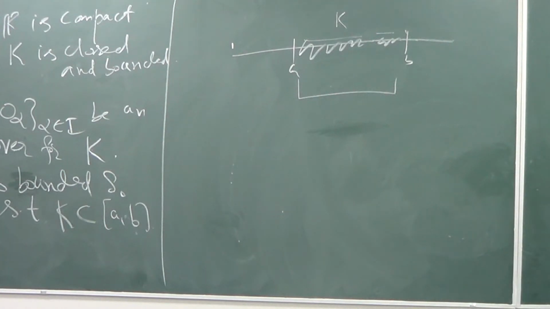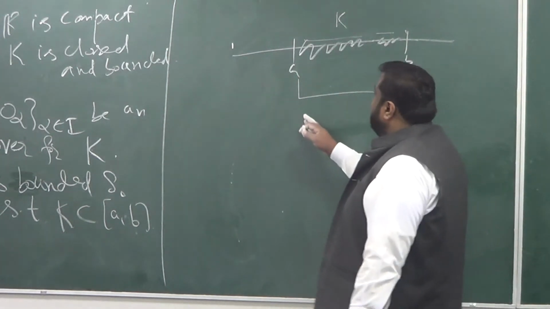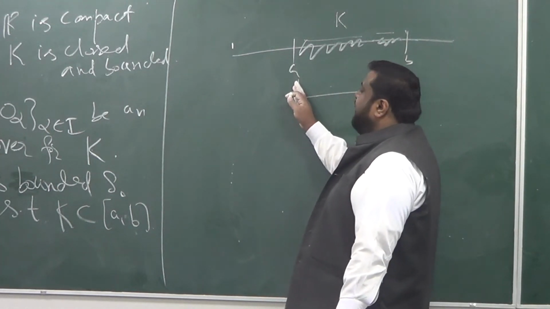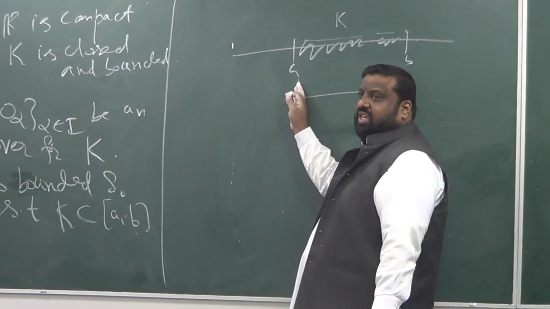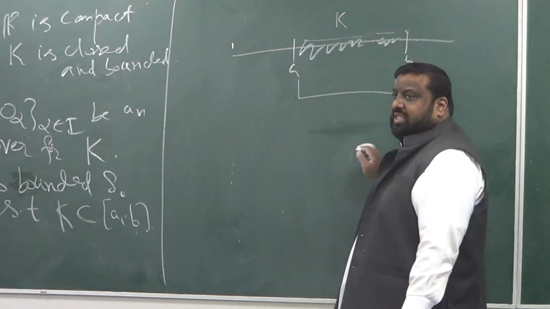What do you think? So see, we want a cover which covers everything from A to B. So what is missing?